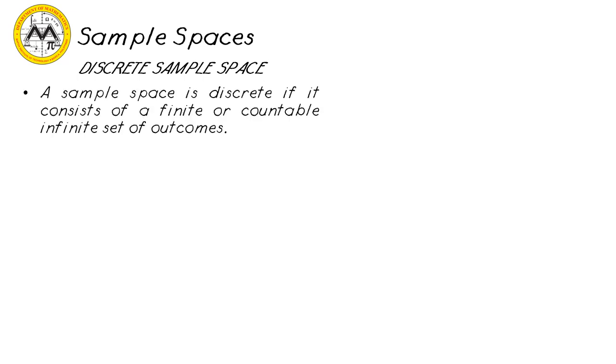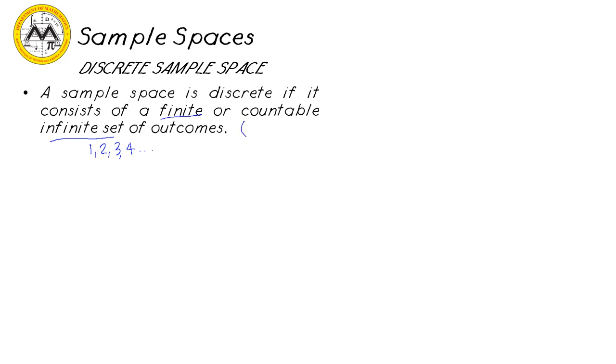Now, there are two general classification of sample spaces. It can be a discrete sample space. This is a sample space when it is consisting of a finite or countable infinite set of outcomes. So taking note that it should either be finite or countable infinite number of outcomes. So the possible outcomes would be 1, 2, 3, 4, and so on.